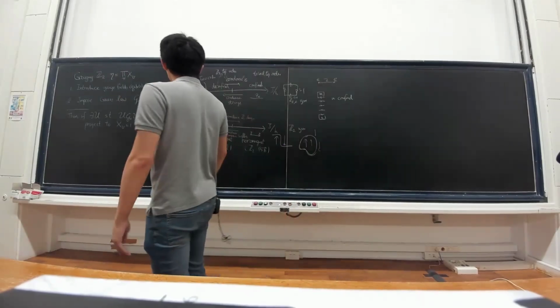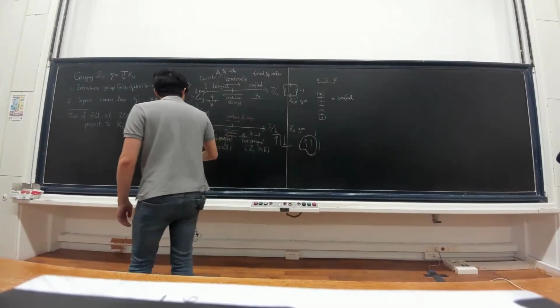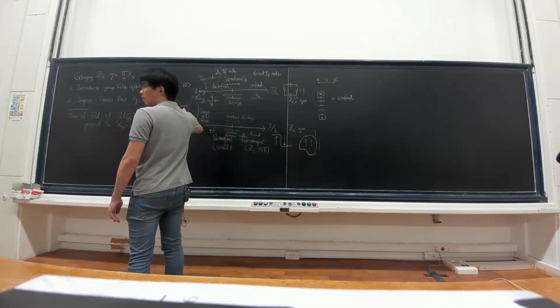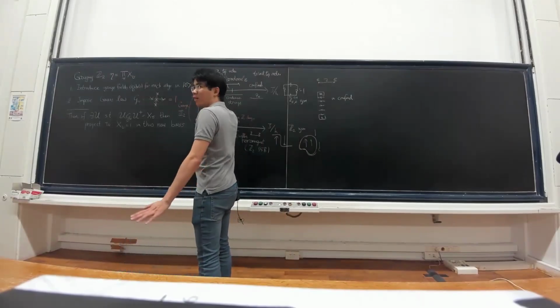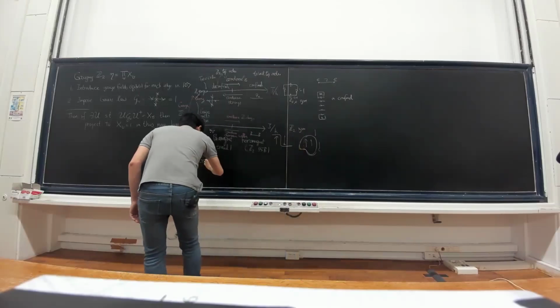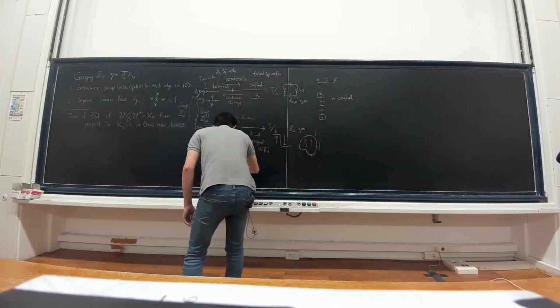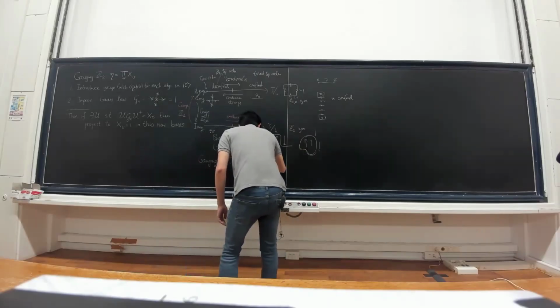So you can still, right? So last time I mentioned, you can still think of gauging this one form symmetry as a certain type of condensation, right? Gauging is, you can think of it as you introduce a system with the dual symmetry.